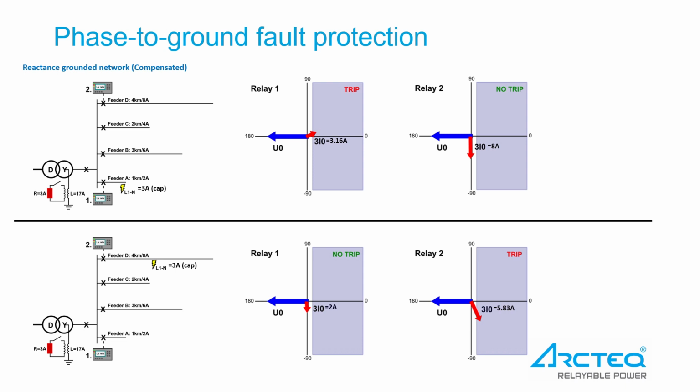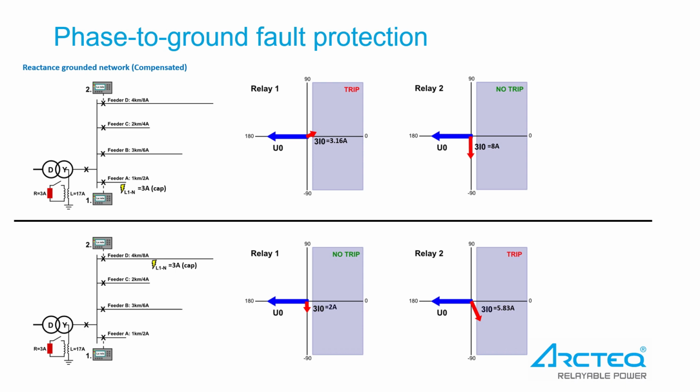But what does the relay measure? In the first example picture, relay number 1 sees the healthy feeders' combined capacitive current, which in this case equals 18 amps, minus the compensation coil effect, which is 17 amps. The total capacitive current of relay 1 is only 1 amp to direction 90 degrees when the resistance is not connected.